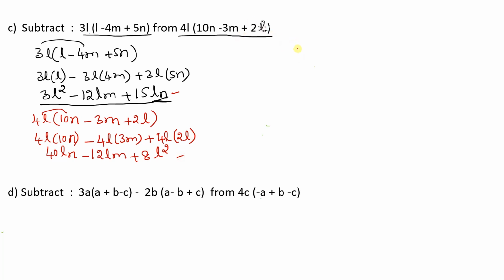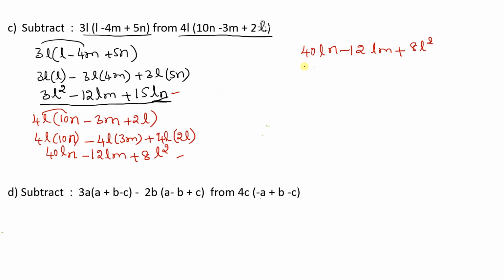So write the first expression, that is the one from which you are going to subtract: 40ln minus 12lm plus 8l square. One more thing, while adding or subtracting, you have to write the like terms one below the other.